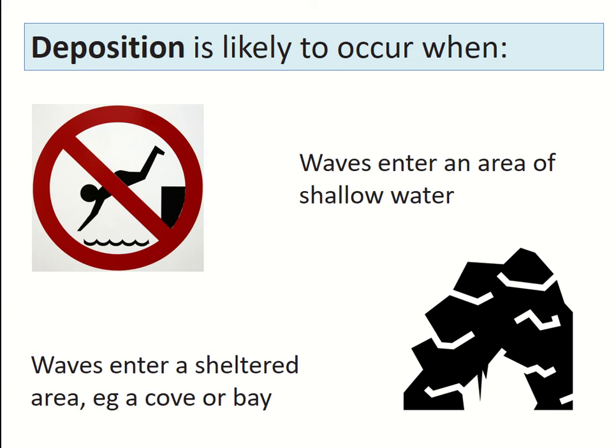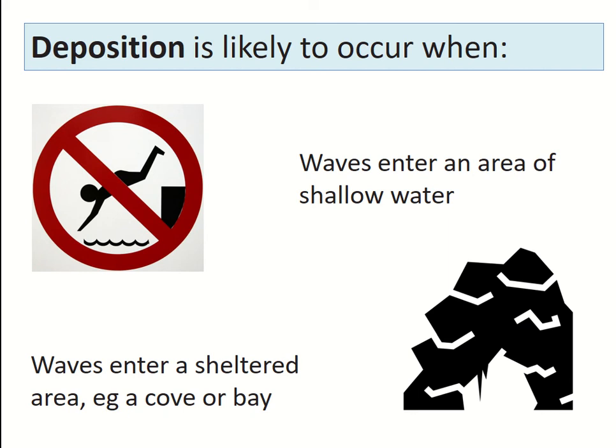The second reason, and perhaps most importantly, is when the waves enter a sheltered area like a cove or a bay. If the waves enter a bay which is protected on both sides by a headland, it will therefore not be particularly windy. As we already know, the strength of a wave is very much determined by how strong the wind is.